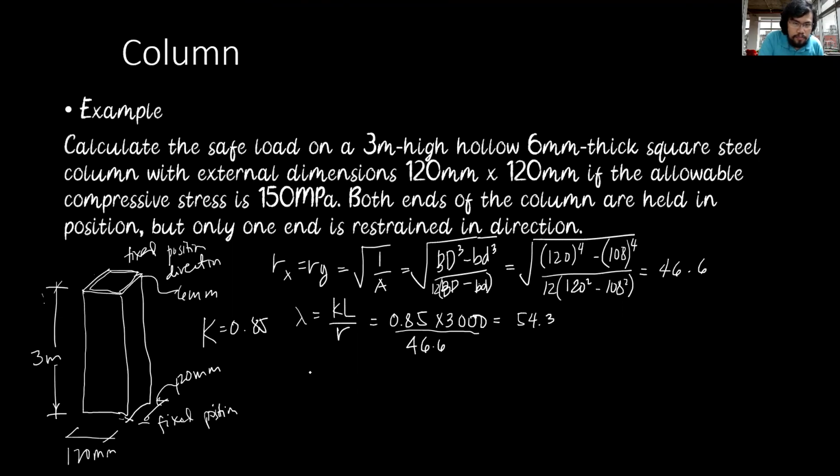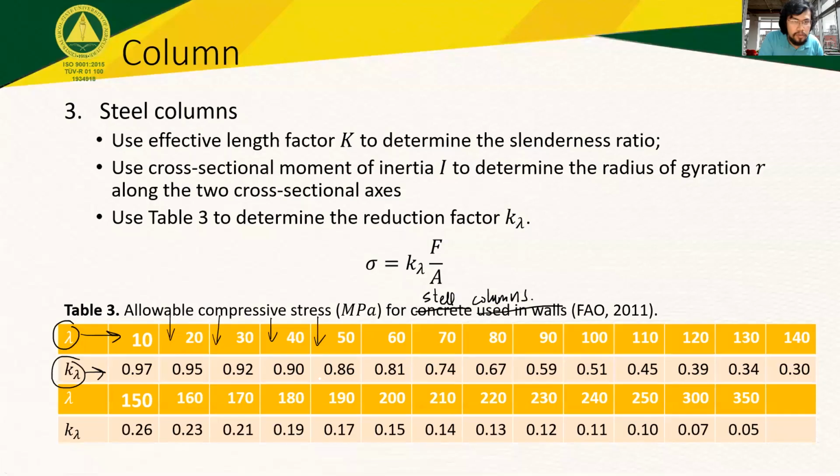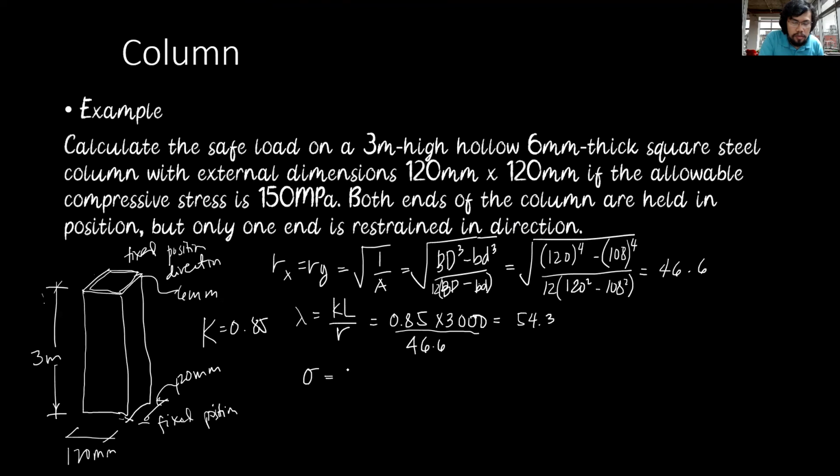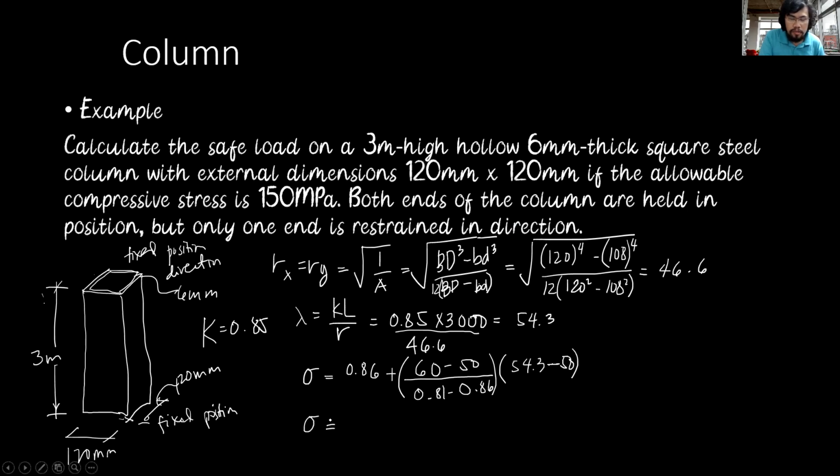So the value of sigma is 0.86 plus the value of this one: 54.3 minus 50, this is 60 minus 50, this is going to be 0.81 minus 0.86. Try to solve if it is correct.